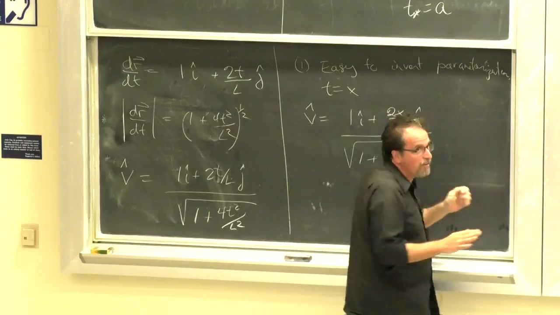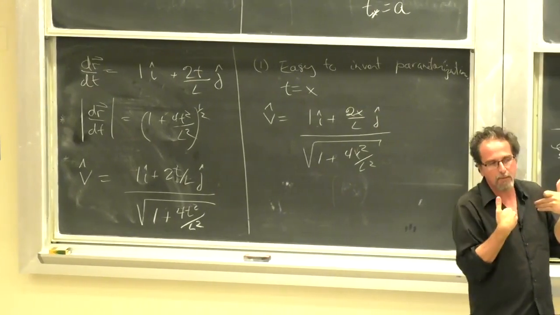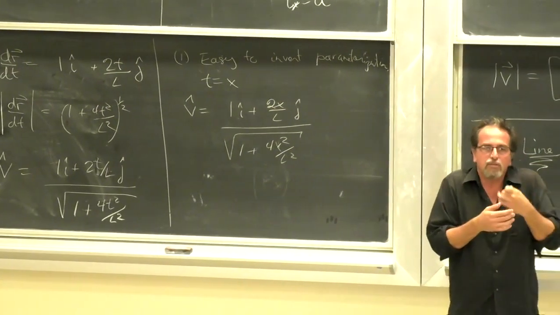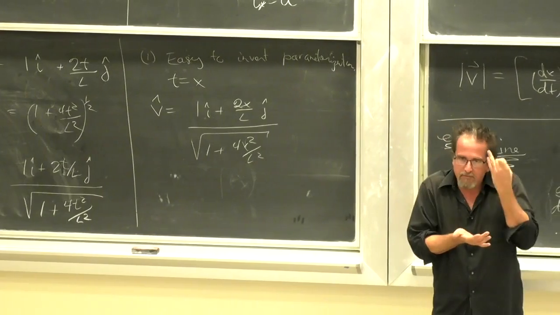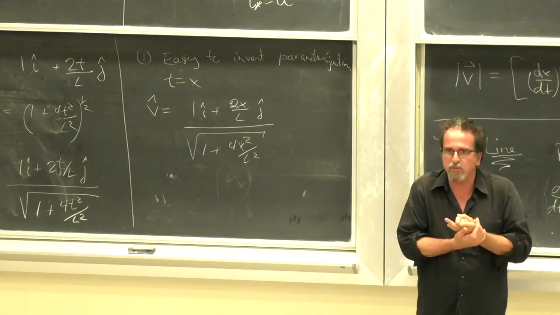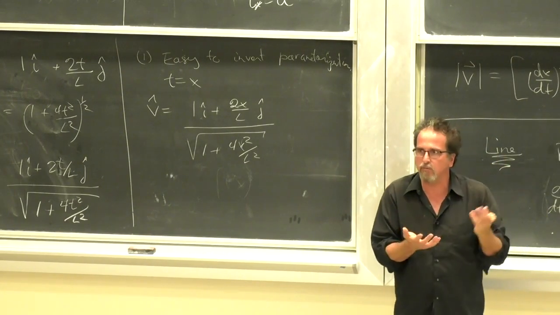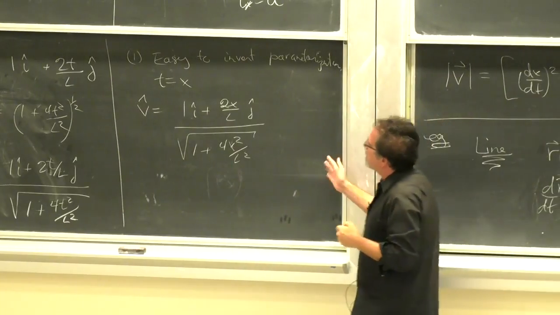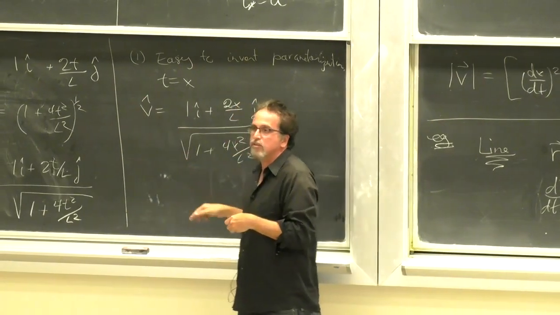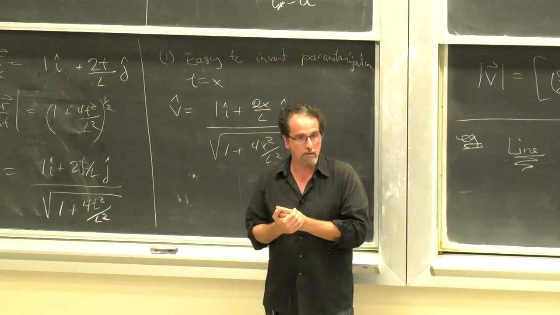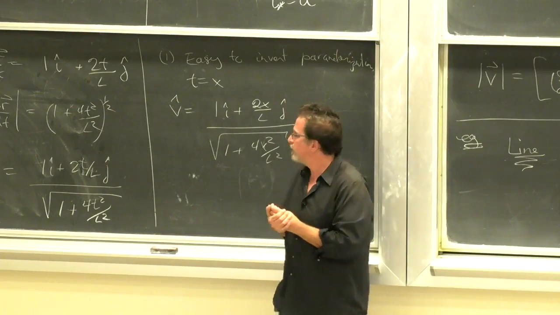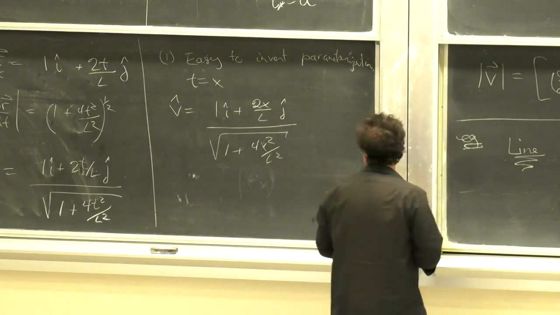This is just a fun thing to do, in my opinion, because you have a sense of what x is a little more naturally. Of course, t is equal to x, so you could have done it in one fell swoop. But nonetheless, this is the direction vector as a function of where you are in x. Okay? So that's good to note.